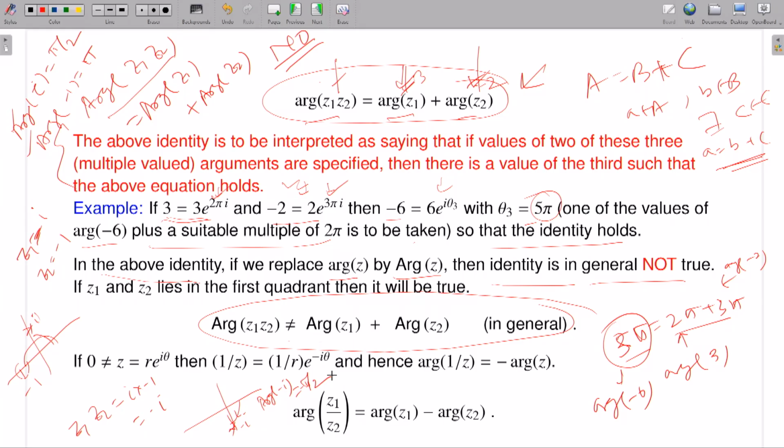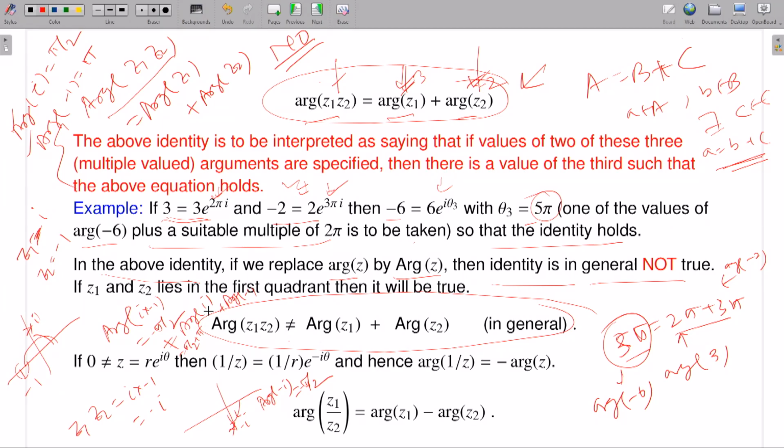So now you see, capital Arg of i times minus 1 is minus pi by 2, which is not equal to the argument of i plus the argument of minus 1. And what is that? This is pi by 2 plus pi. So pi by 2 plus pi is not equal to minus pi by 2.